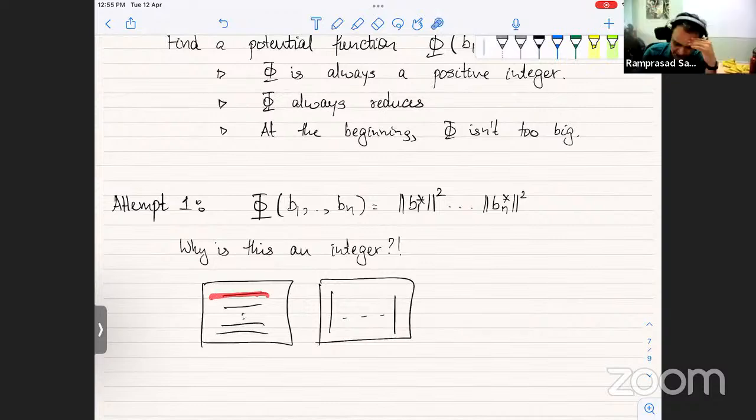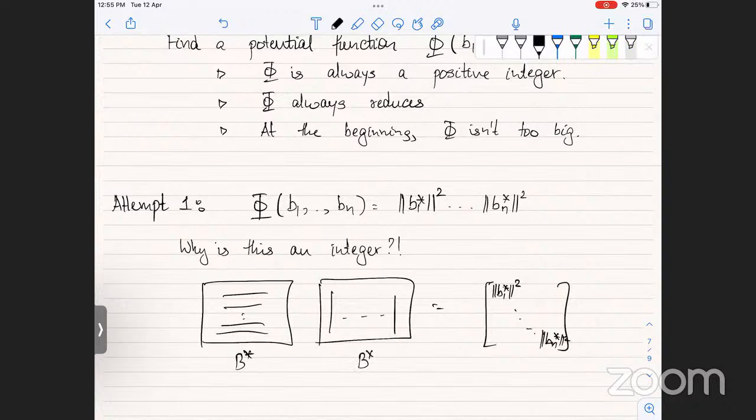This is B1 star, this is B1 star, so the 1,1th entry is just the norm of B1 star squared. But it's orthogonal to everything else. So basically you will get a diagonal matrix, down to Bn star squared. Everything else is going to be 0. So this is just B star times B star transpose.